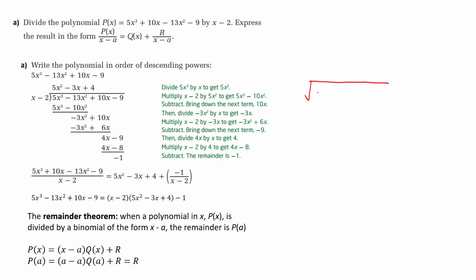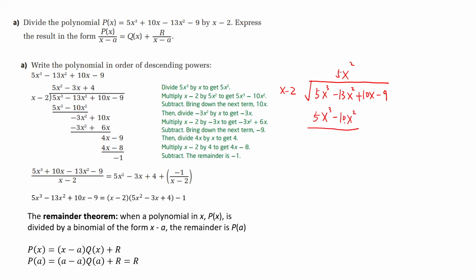The long division of 5x³ − 13x² + 10x − 9 divided by x − 2. Because 5x³ divided by x gives 5x², in order to match it. So 5x² times (x − 2), we get 5x³ − 10x².